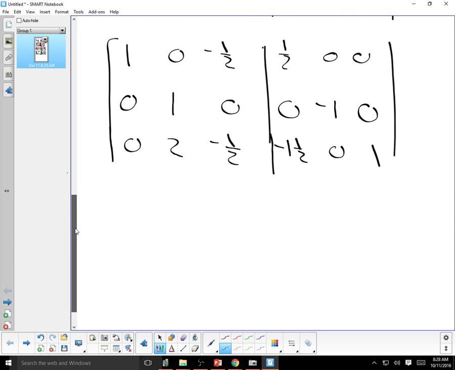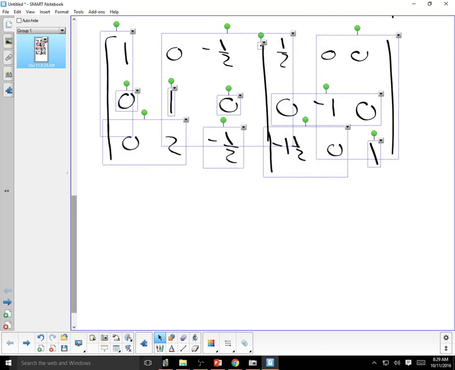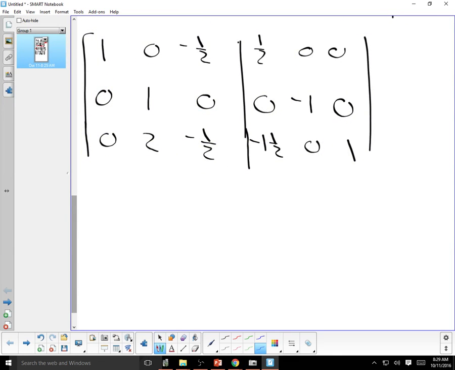Okay, so we're here. Next objective. We need to make R3C2 into a 0, right? So R3C2 needs to be 0. The way I'm going to do that is I'm going to make some space first. Let's take row 2 multiplied by negative 2 and add it to row 3.